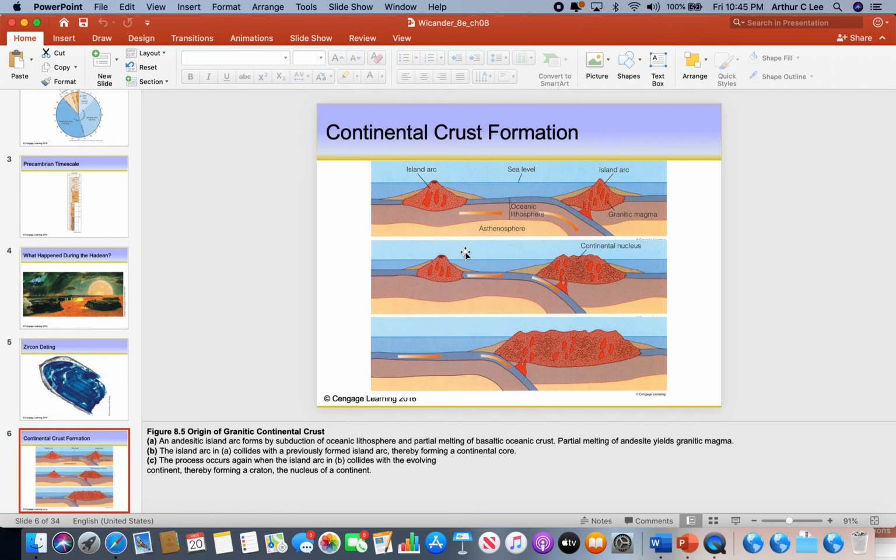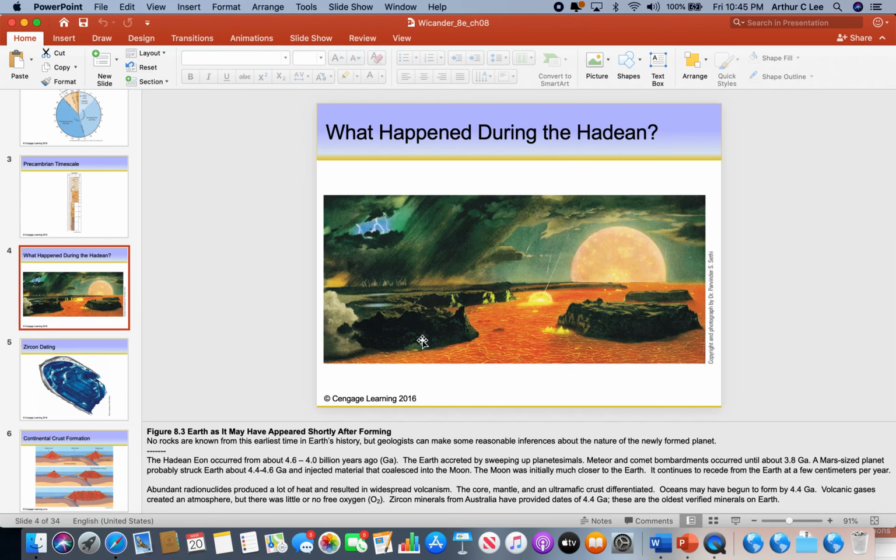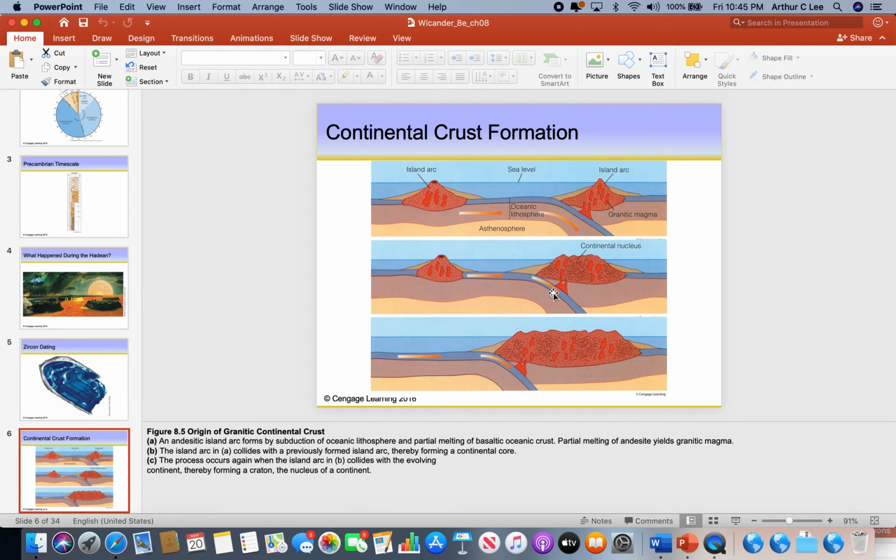And this occurred as those little islands that we saw before in the previous image collided together one after another, forming larger islands, which formed larger islands, until finally we formed small amounts of continental crust. So one thing you want to keep in the back of your mind is that during the Archean, the continents had finally started to form.